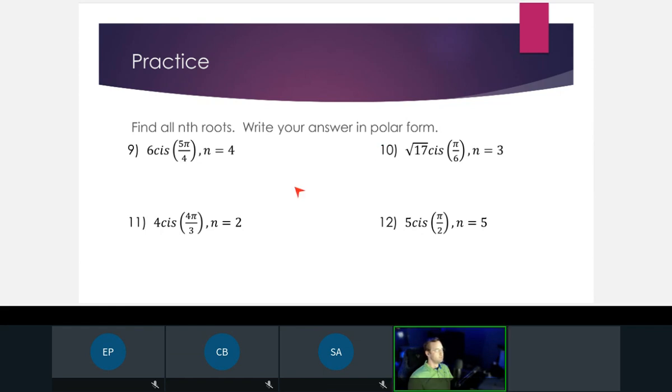All right, let's do one of these. So these 4 examples, it's already in complex form, so it saves us that step. Let me pick one of these to do.